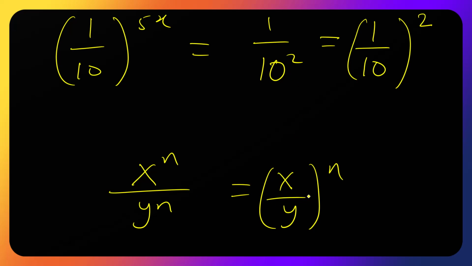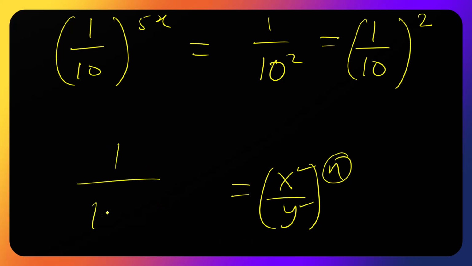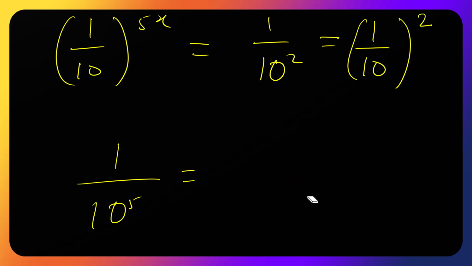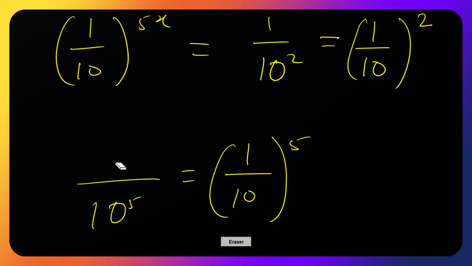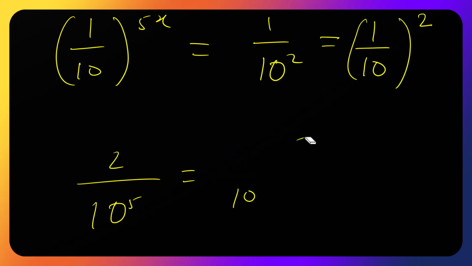So let's look at this property. This one will affect this and affect that. When you see 1 over 10 to the power of 5, it is the same as 1 over 10 all to the power of 5. Don't forget this. Now if this side is 2, you can't do that.